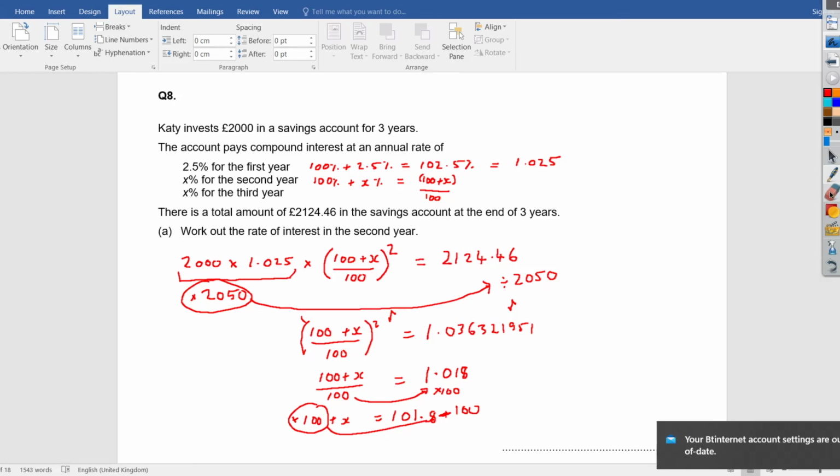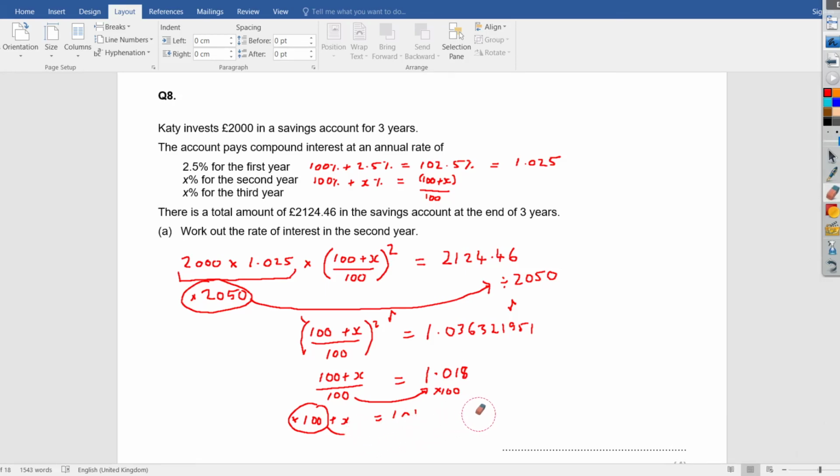So subtract 100 from 101.8, and that leaves x equals 1.8.